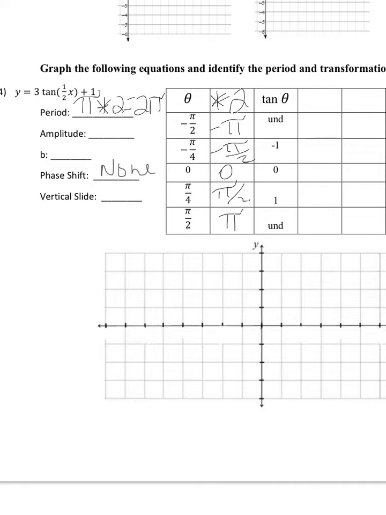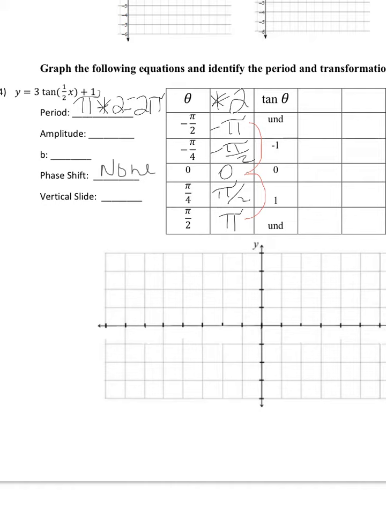And also, if you look at the table, you can see that to go from negative pi to 0 is 1 pi, and then to go from 0 to a pi is another pi, so that's 2 pi. So we know that our period is 2 pi. So it takes us 2 pi to complete one tangent curve.